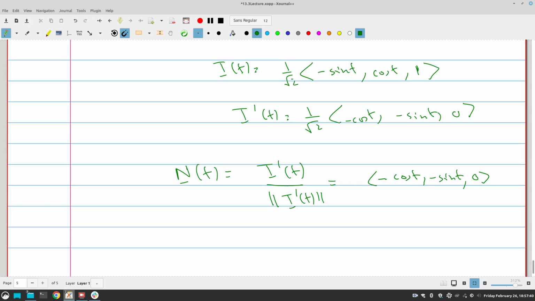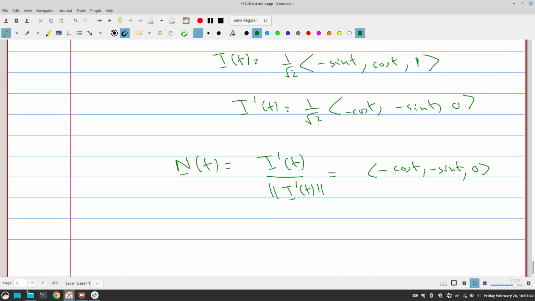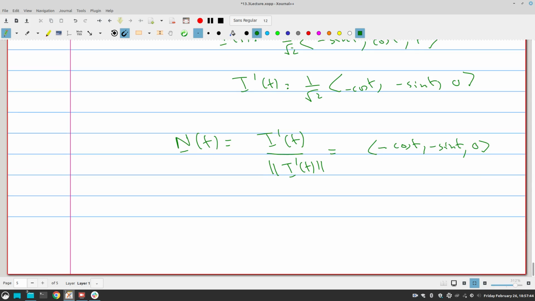The binormal vector B, this is of course equal to T at t cross N at t, and if you do the cross product, you end up with 1 over root 2 times sine t, negative cosine t, and 1.